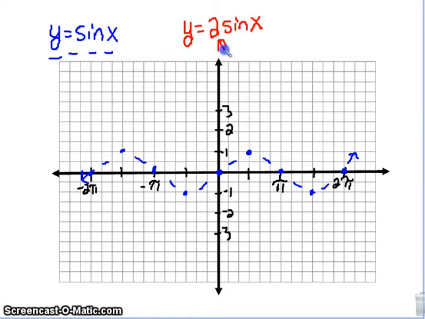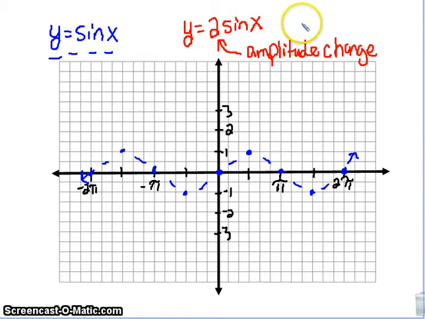Please make a note that this is an amplitude change. And what is your amplitude? What's your amplitude equal to, guys? 2. It's that height of the maximum.